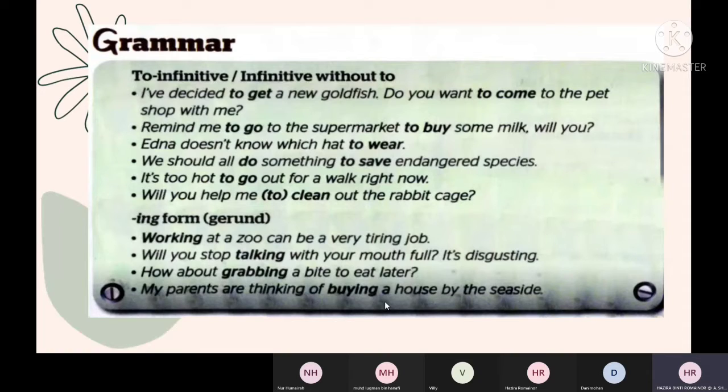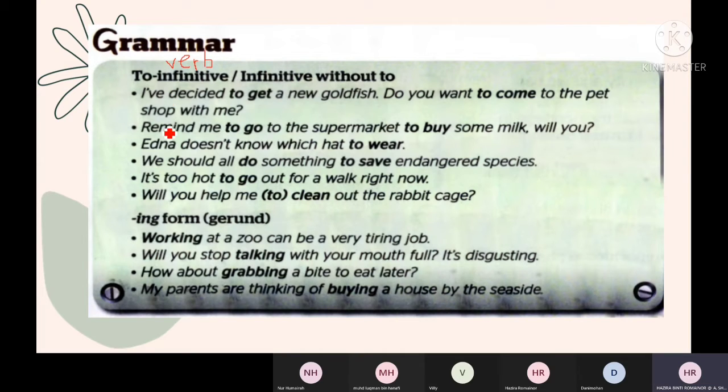Okay, this is what we mean by infinitive. To plus infinitive. Infinitive means verb, or in other words, it's called kata kerja.